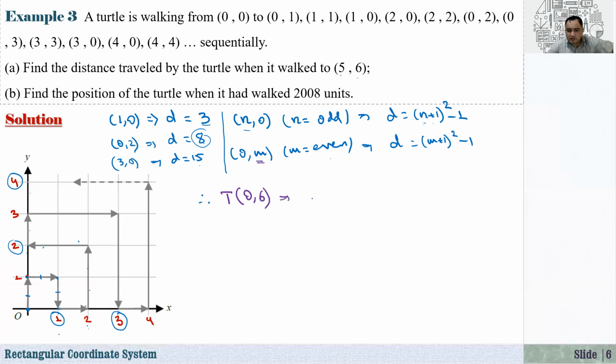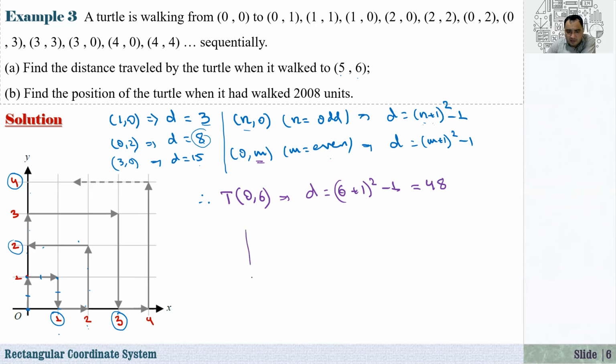Then what is the distance traveled by this turtle? The distance traveled by this turtle is 6 plus 1 squared, minus 1. So that's equal to 7 squared, 49, minus 1, that's equal to 48, right?